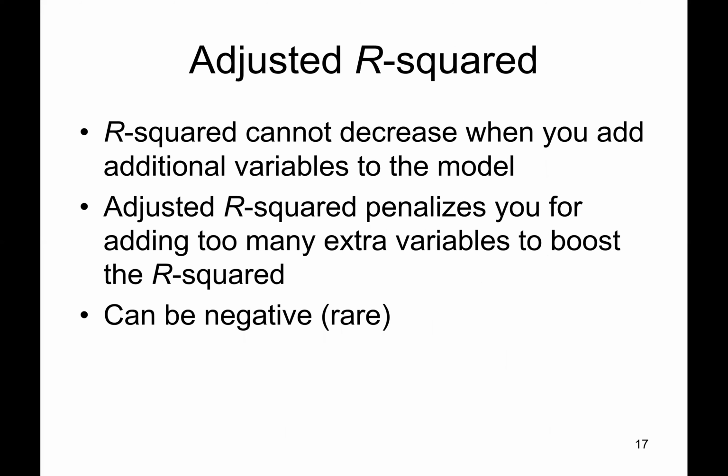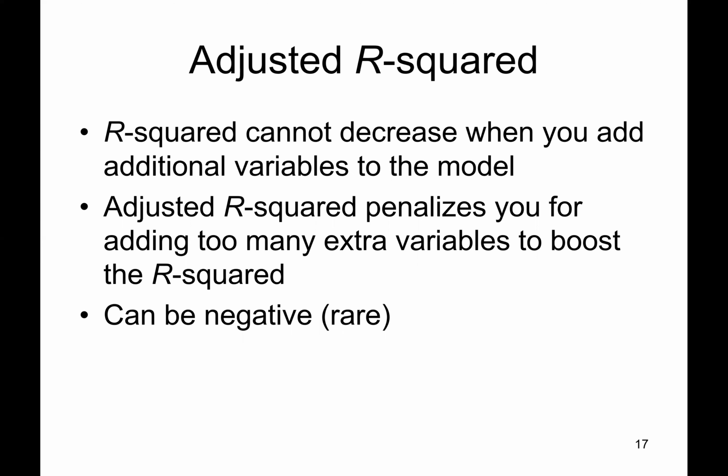Adjusted R-squared is another statistic that comes out of regression models. It can be helpful because, technically speaking, R-squared cannot decrease when you add additional variables to the model. So you could, in theory, just throw a whole laundry list of miscellaneous variables in your data sets into your model, and some of them would probably just by chance improve your R-squared.